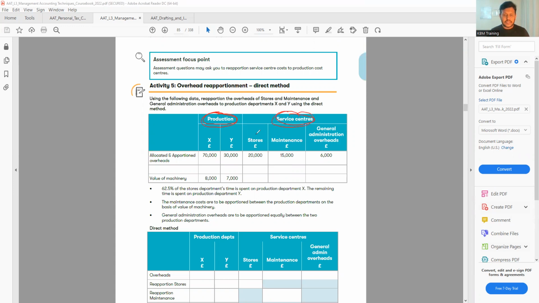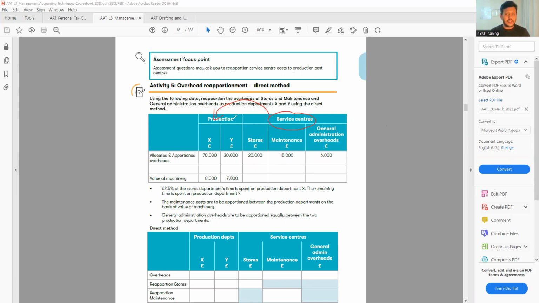So their cost is, for example, for the store, for the maintenance, and for the admin. So these three costs, later on, we have to move to the production department because they don't have an income. These costs are part of the product cost. For that reason, we have to move all the service center costs to the production cost later on.